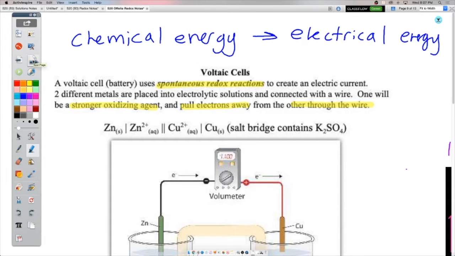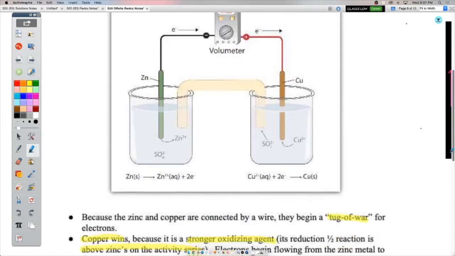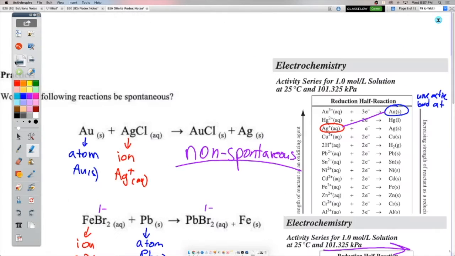So if we connect copper and zinc, we go to our reactivity series. We find copper and we find zinc, and in these, it doesn't matter since both ions and metals are present, we're just saying, who's higher? They're better at reducing, they're going to take electrons. So in this case, the copper ions are taking electrons from the zinc solid, but really what we're thinking about is just, copper's above zinc, so copper wins the electrons, okay?